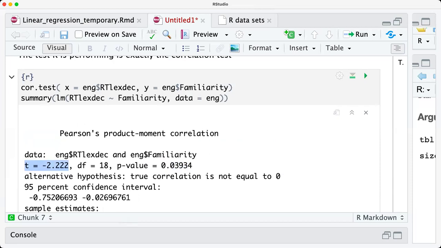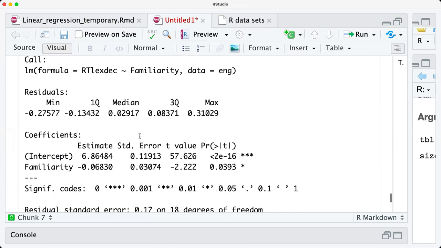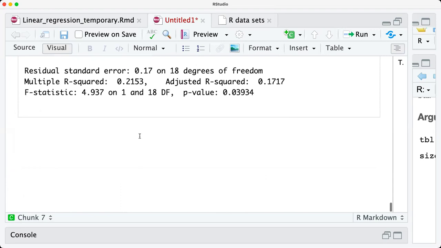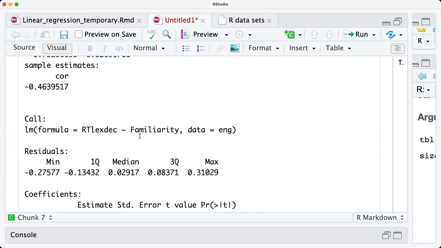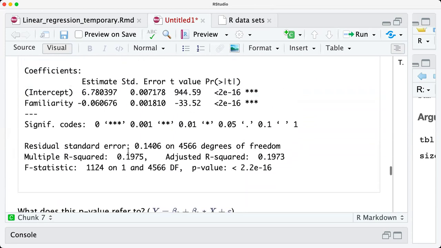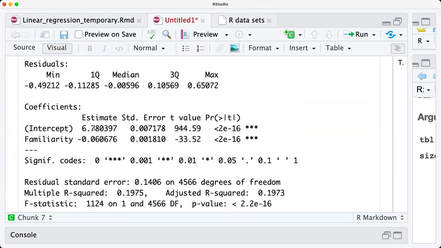So actually, we didn't define how this test works. Just for you to know, the test for this beta 1 is exactly the same. Do you have ideas of why the test for beta 0 is really not important?